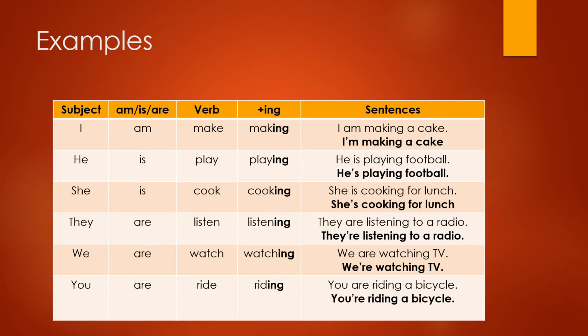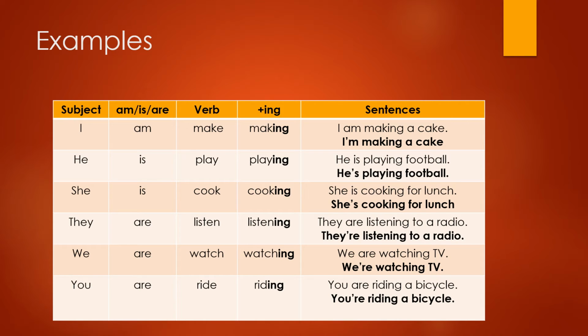You can write it in full or in short form. Okay, look at example number 5. We are watch. The subject is we, so we use are. And the verb is watch. The end of the spelling of the verb is h. So we don't have to erase any letter. We just have to add ing. We are watching TV.